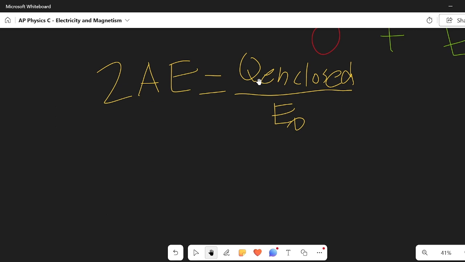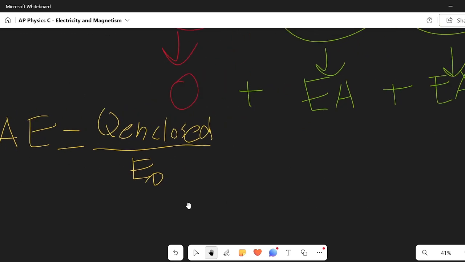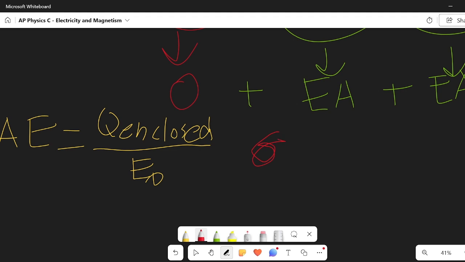Remember from the problem, Q enclosed is the amount of charge that's actually enclosed. The only thing we're given in the problem is a charge density rho, which is equal to the charge divided by the area.